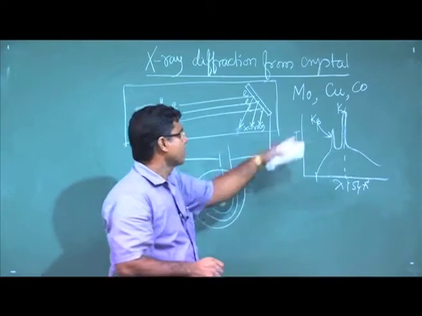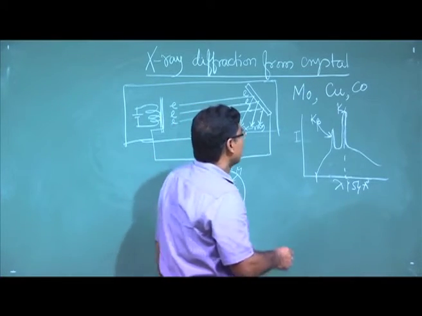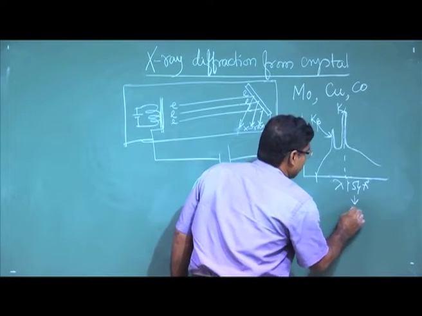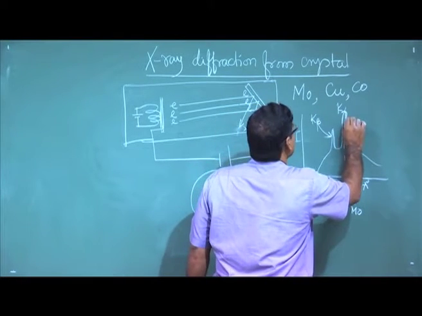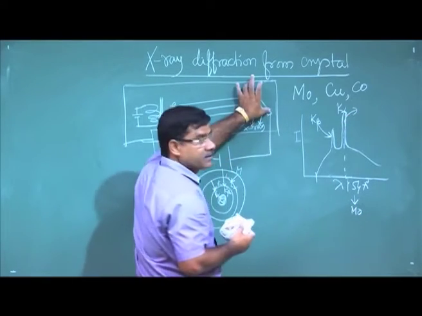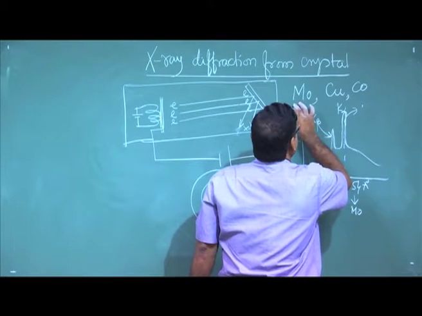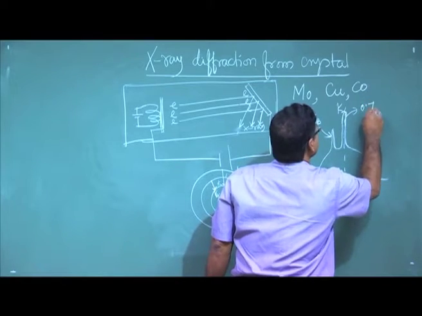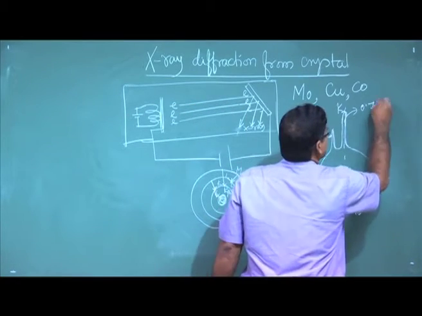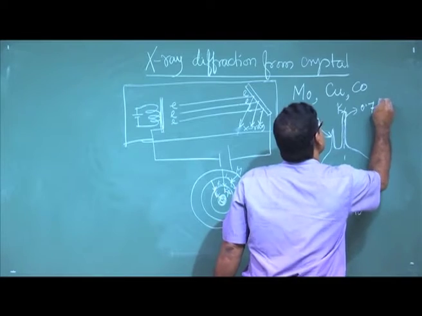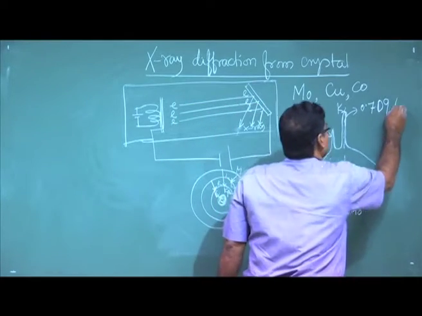Okay. But if you take a molybdenum source, or a cobalt target, then the wavelength is around 0.71, we write 0.709 angstrom accurately.